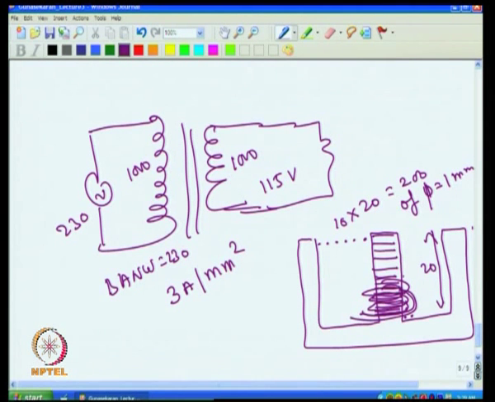One can always verify from this whether the transformer can take this number of turns or not. If it is not taking, then we have to go to the next higher size. Once you go to the next higher size, the area will change and the turns will also change, the distance and the height will be different. Accordingly, you can again verify whether it takes.